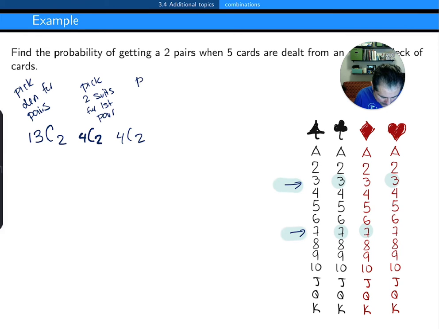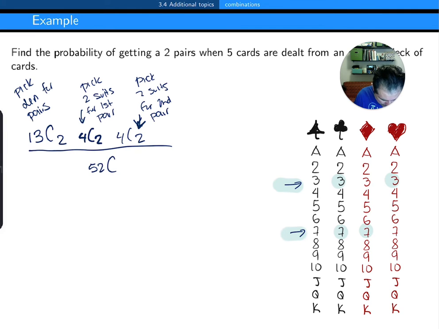And here I'm picking 2 suits for the second pair. I just wrote first and second pair because that's how we talk, but there is no order, right? They're both at the same level. That's the point. Okay, so there I got my 4, and then I divide by 52C5.